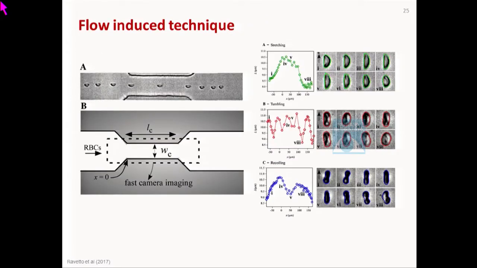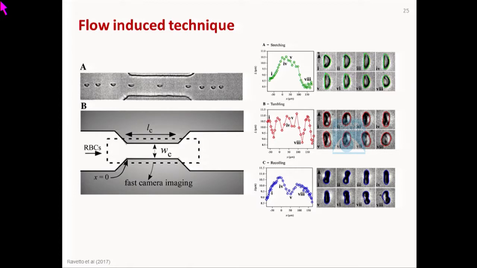In the flow-induced method, what you do is you flow the cell through a narrow constriction. Here RBCs have been flown in through this narrow constriction. This constriction size is about 10 micron or less. When you flow these RBCs, depending on the shear stress that you apply, they can exhibit different kinds of motion. With increasing shear, RBCs have shown stretching.